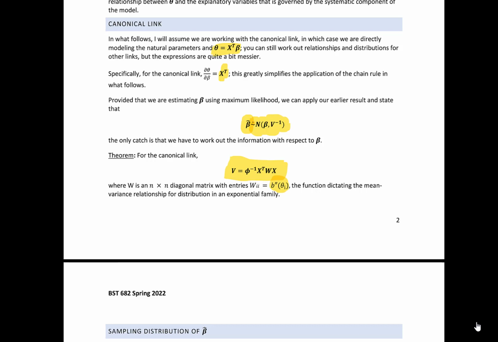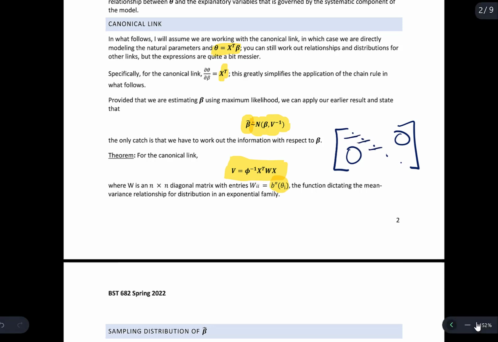Since W is a diagonal matrix, it has zeros on all the off diagonals, and the diagonal elements are equal to the second derivative evaluated at theta_i. If we were working with a Poisson distribution, the functional form would be the same for all of them, but we would just evaluate them at theta_i.